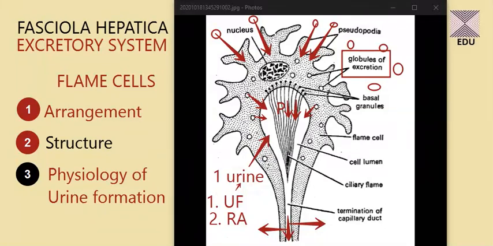There is a very big role of the cilia which are present inside the flame cells. When they move, they decrease the pressure, and this pressure decrease is responsible for the ultrafiltration of the excretory products into the lumen of the flame cell. That's why they are called flame cells, and this is the importance of the flame inside these cells.